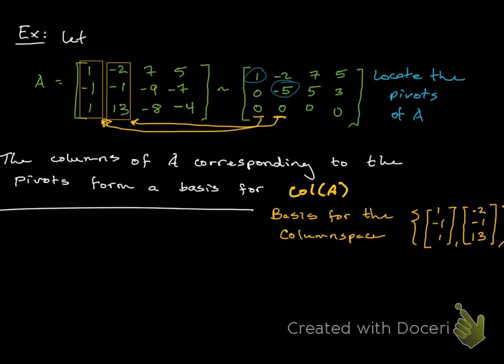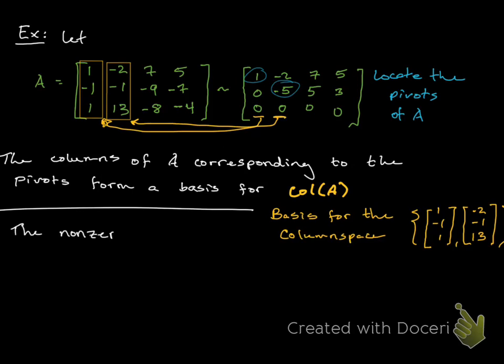We can also find a basis for the row space. Those pivots are going to help us, but not completely. Basically, what we look for are the non-zero rows now, not the non-zero columns, but the non-zero rows of A to find a basis for the columns, or the row space, I'm sorry.